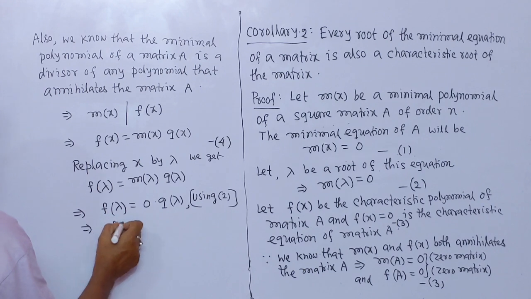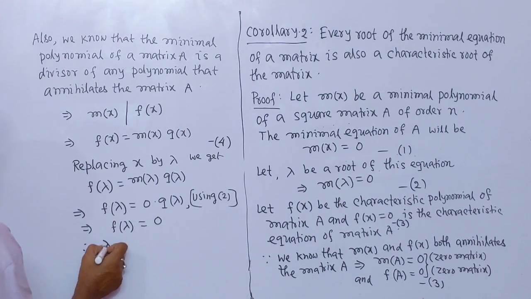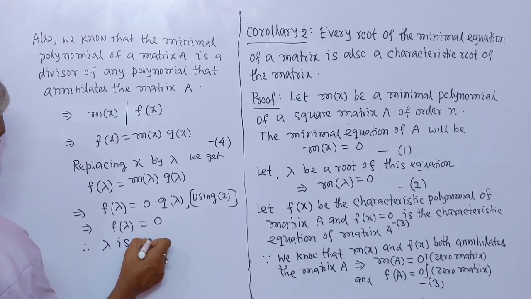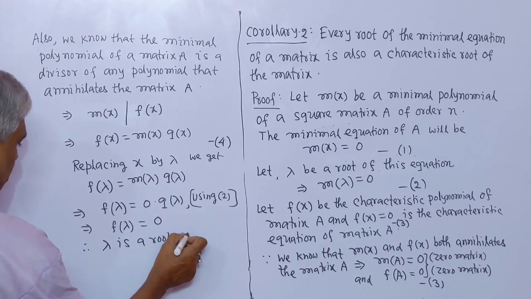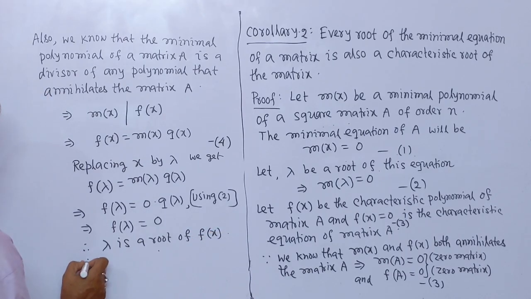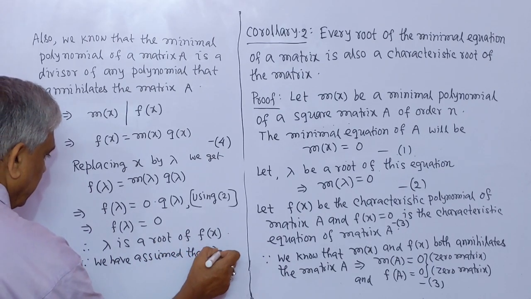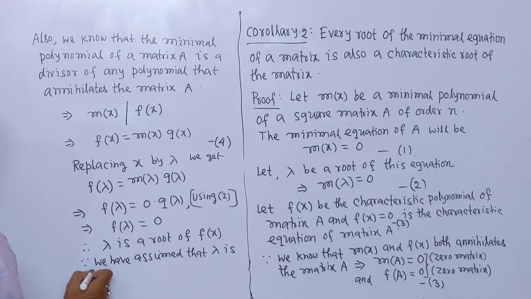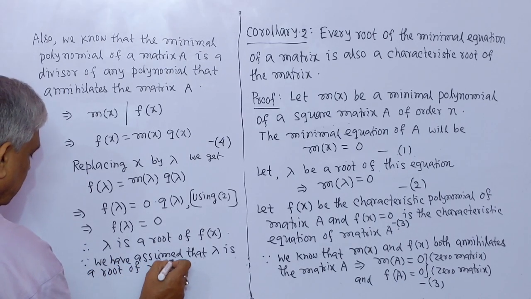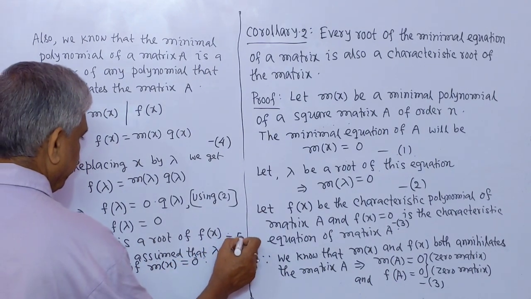Implies that f(lambda) equal to 0. Therefore, lambda is a root of f(x). Since we have assumed that lambda is a root of m(x) equal to 0. This is number 5.